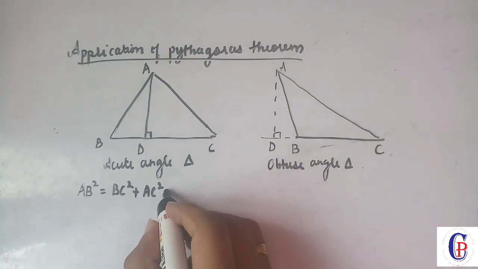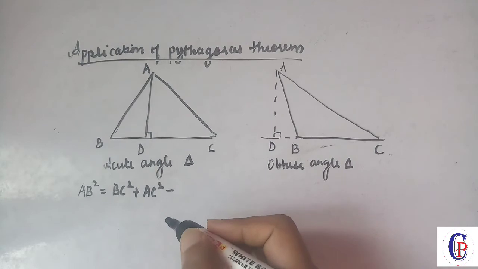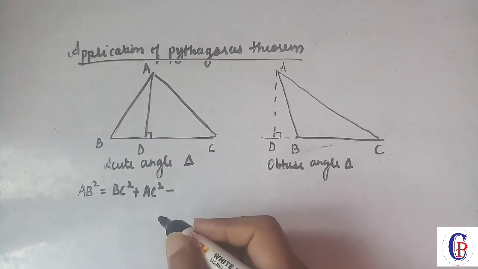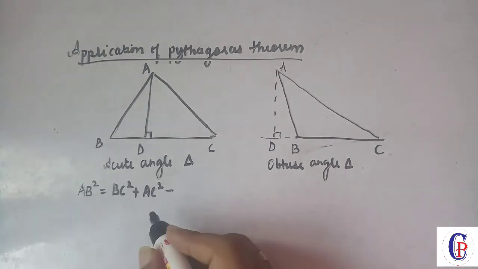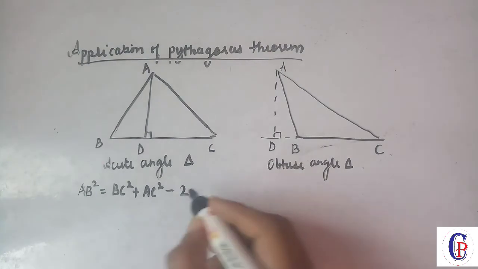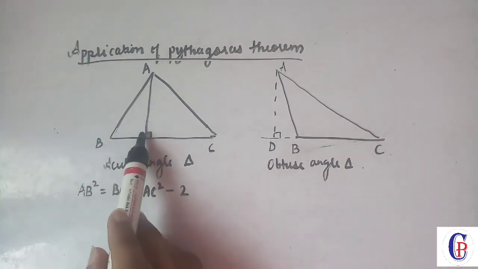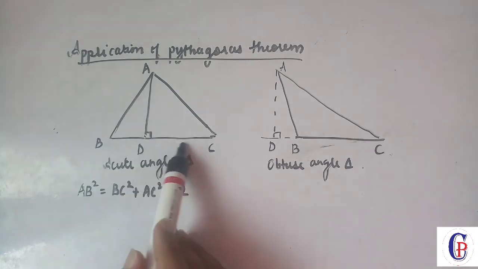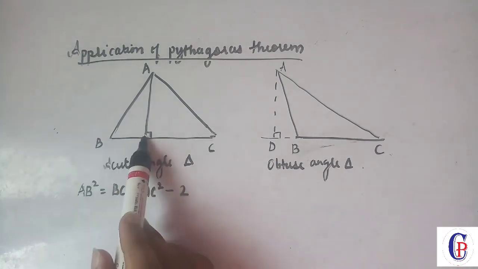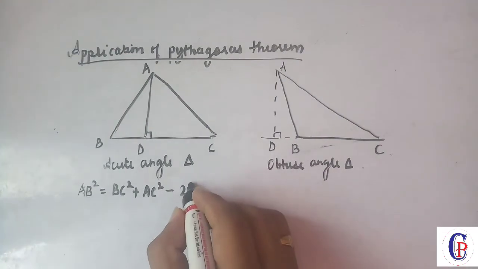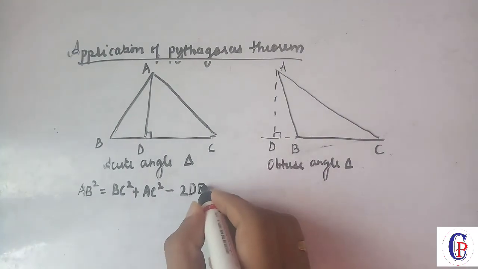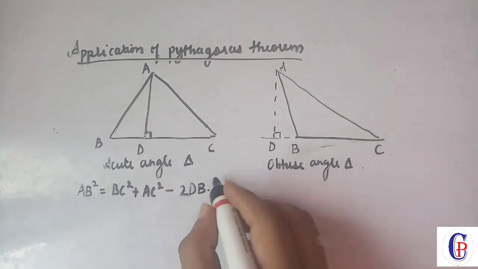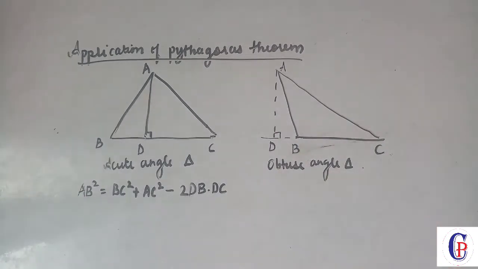Now since it is an acute angle triangle, you will take minus, and you have to write twice. Once you have to go from D to B, and D to C. That is DB dot, meaning multiplication, DC.